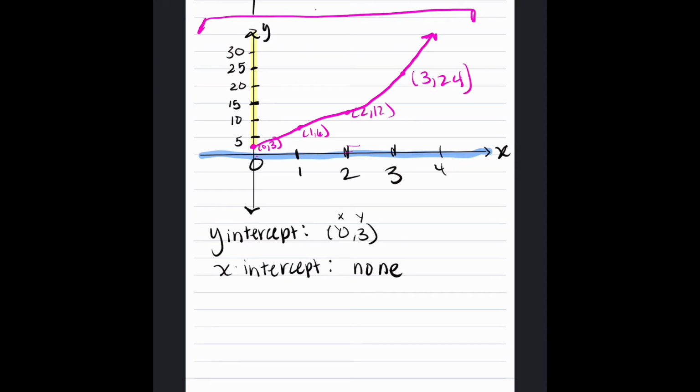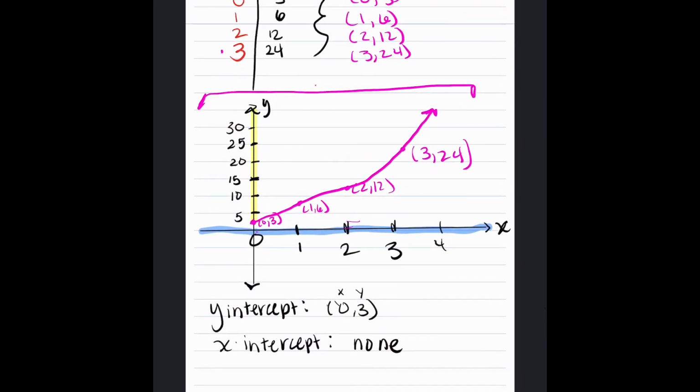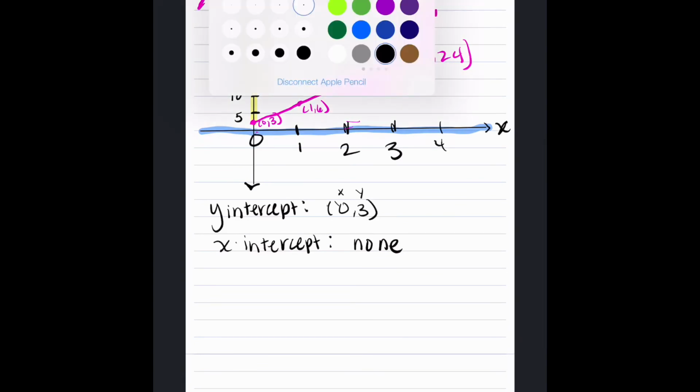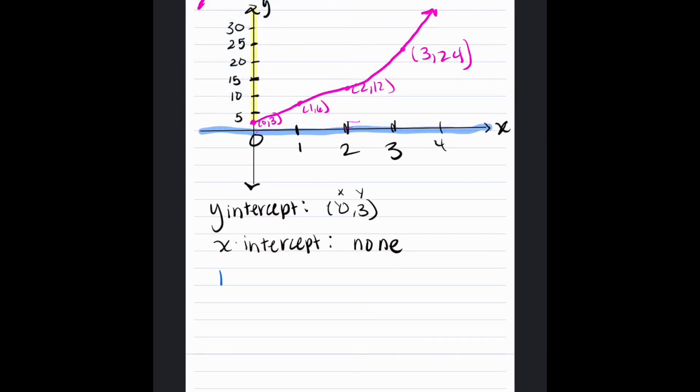And then the final step is to say whether your graph is increasing or decreasing. This basically asks: are your y values getting bigger or smaller? They are getting bigger, so this graph is increasing.